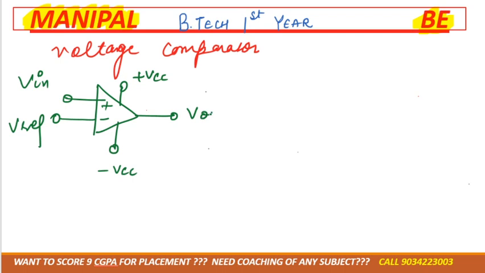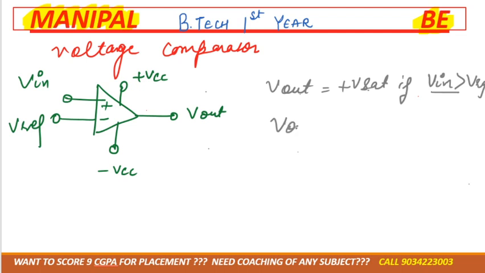The output will have output voltage, so it would be Vout is equal to plus V saturated if Vin is greater than V reference. Okay, if the value is greater then what output will come, plus will come, and if opposite, then in that case minus will come. This is the unit.